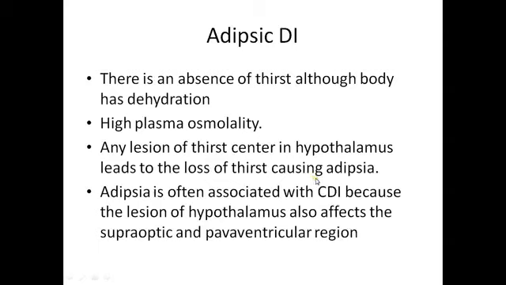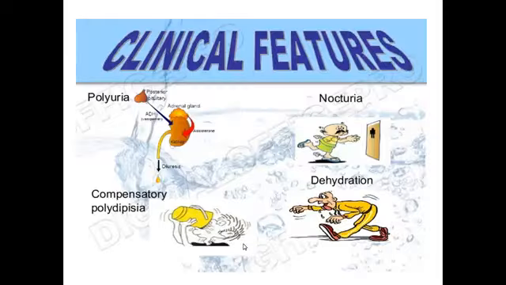So the patient is not drinking fluid despite being dehydrated, because his thirst center is not able to understand that he needs to drink water. It is often associated with CDI, central diabetes insipidus, because a lesion of the hypothalamus also affects the supraoptic and paraventricular region. These are the regions from which ADH is secreted.